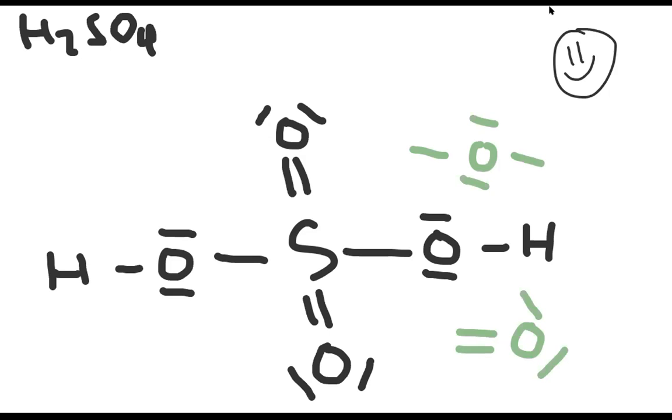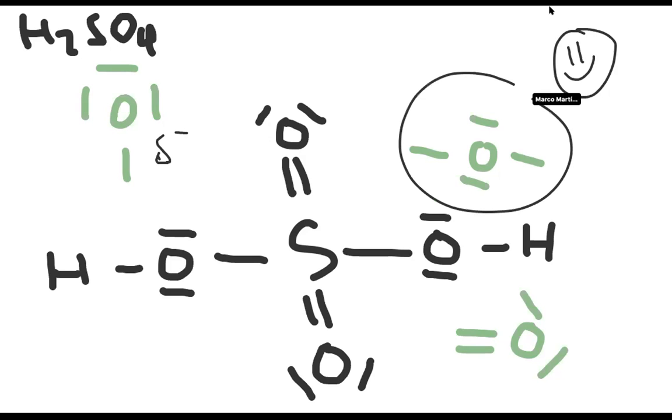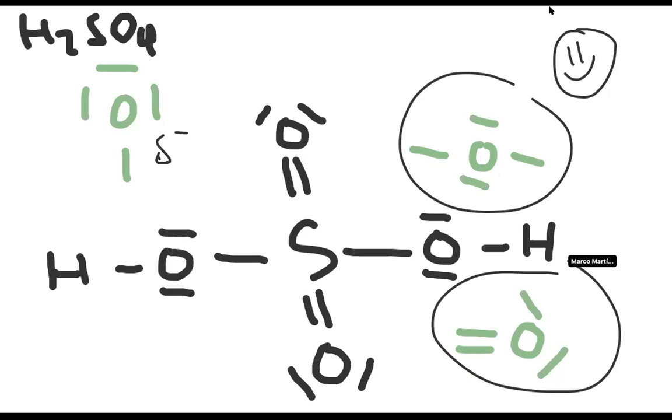Sometimes you see it showing up like this, but this is when the oxygen has a formal charge of -1. But yeah, this is what oxygen wants to shoot for. Does that make sense? So most oxygens are going to look like that.